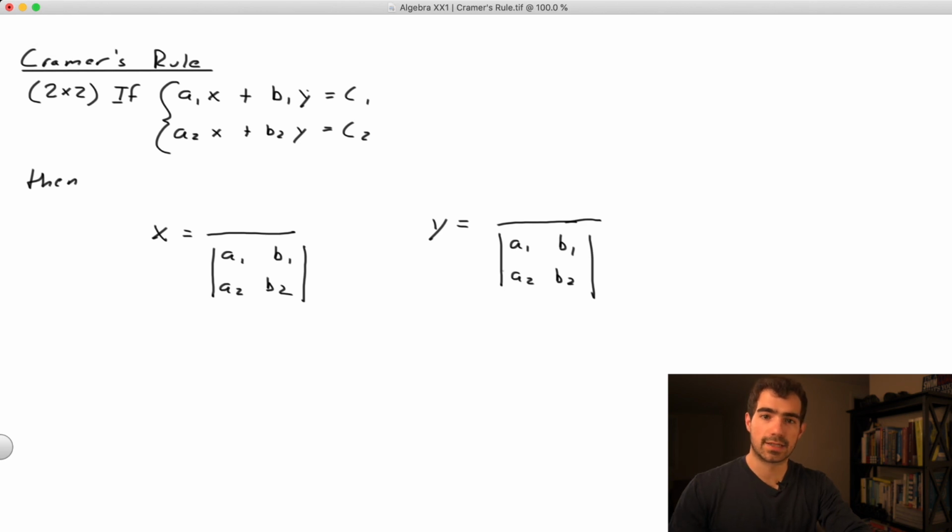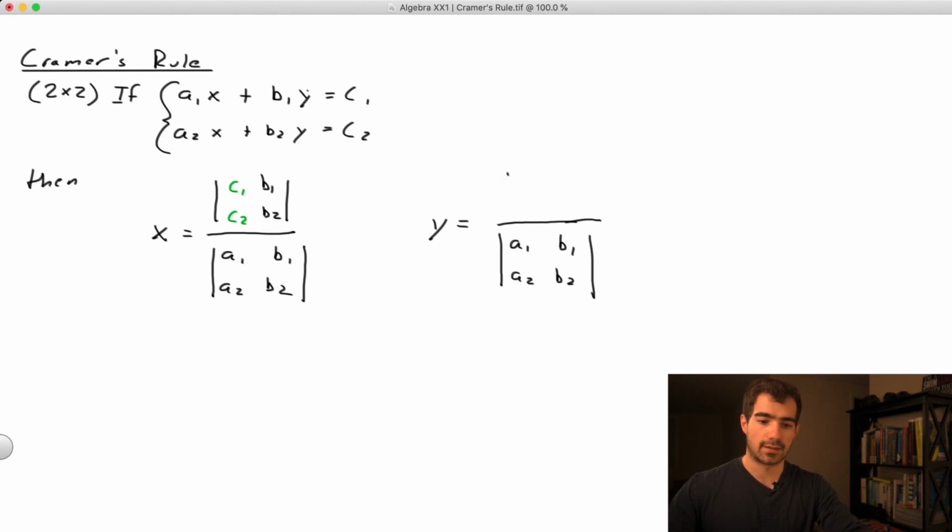The numerator is going to be very similar, except in the case of X, instead of A1 and A2, the coefficients of X, we'll replace those X coefficients with the values C1 and C2. And so here we'll have C1 and C2.